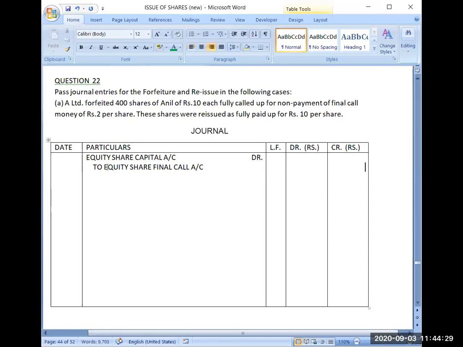And then whatever amount has been paid, that we will be transferring to share forfeiture account. No equity word will be there. Yes, please. First tell me if any confusion is there regarding the journal entry.